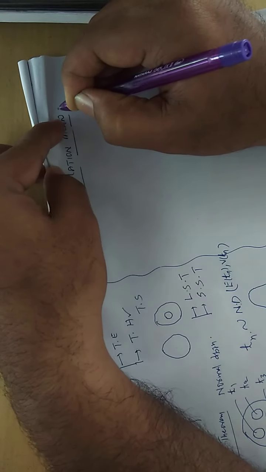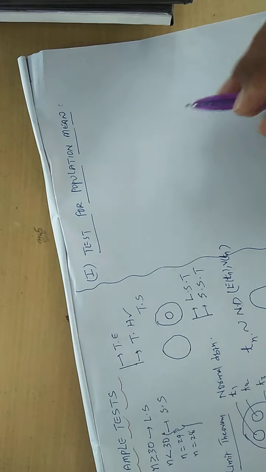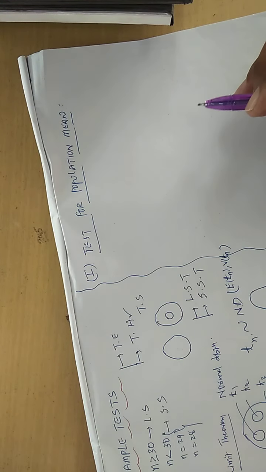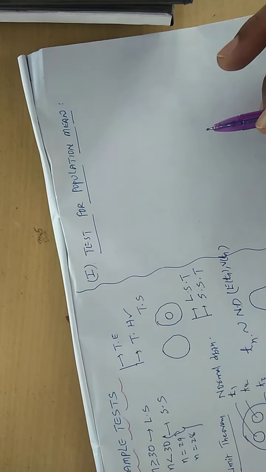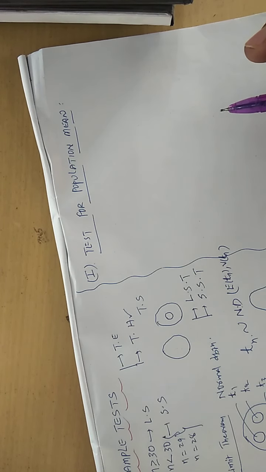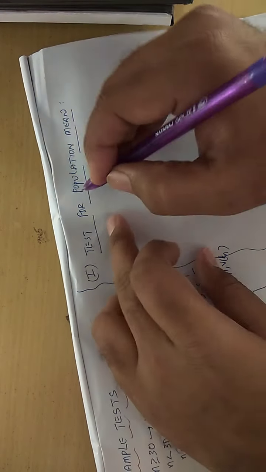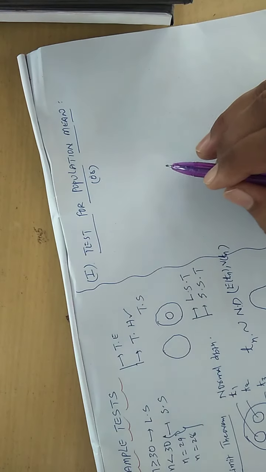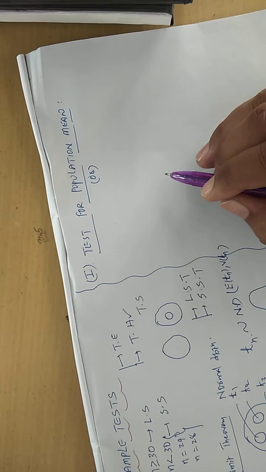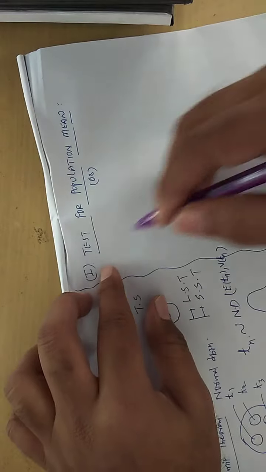That means here you are going to check whether the population mean is correct or not. How do you do that? You take a sample from that population and compare that sample mean with that of the entire population. That's why one more title of this test is test for the significance difference.